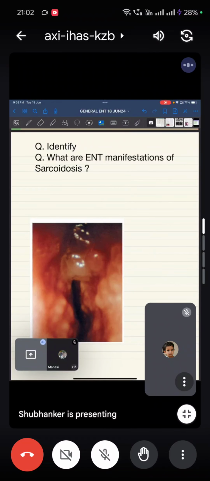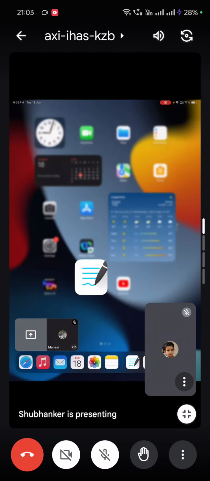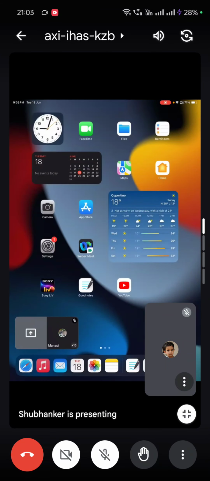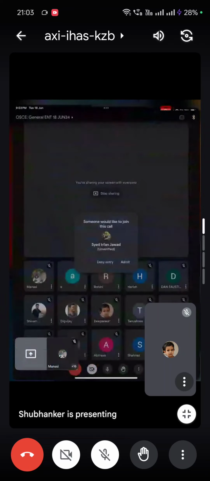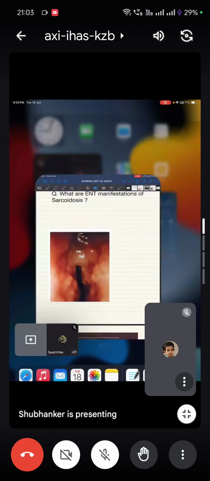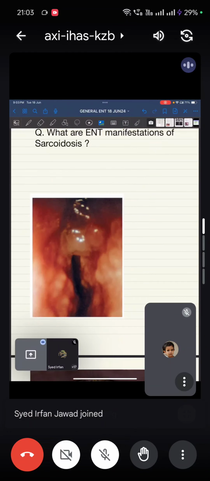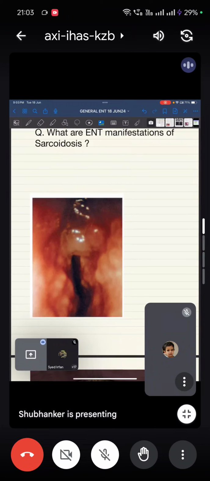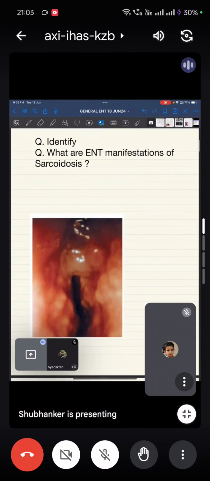Following is the image given to you on a diagnostic nasal endoscopy. This can be given as an image-based question, or also it can be given as a small video or a GIF-based question. They'll give you something of this sort, and they'll ask you certain questions about it.